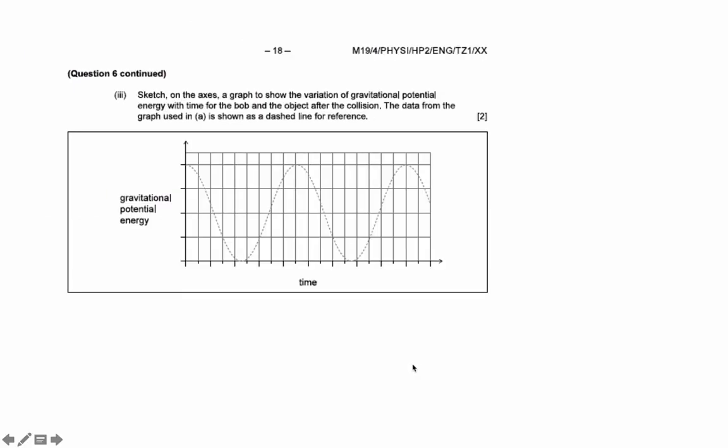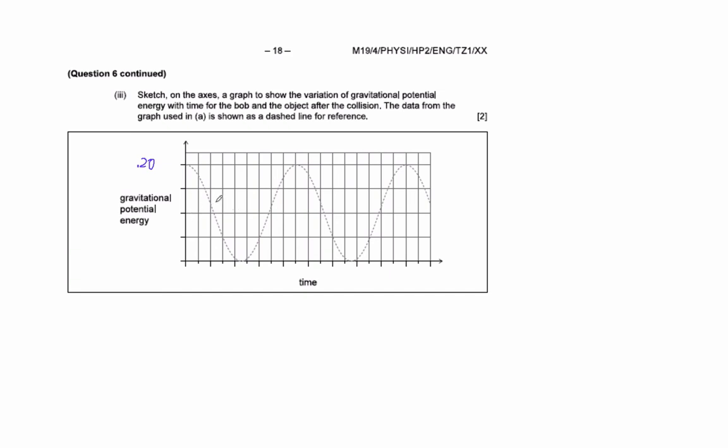Then it says sketch on the graph to show the variation of gravitational potential energy with time for the bob and the object after the collision. The data from the graph used in part A is shown as a dashed line for reference. So this is the kinetic energy. Presumably, this is 0.20. Now the new energy, I got like 0.12 as the final energy.